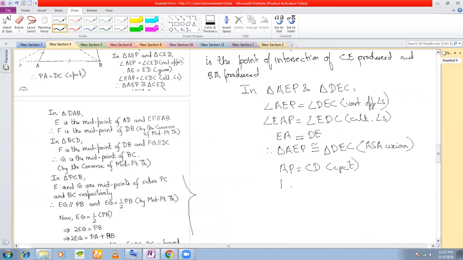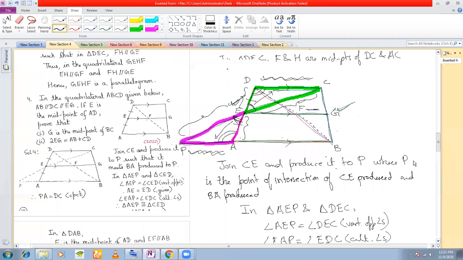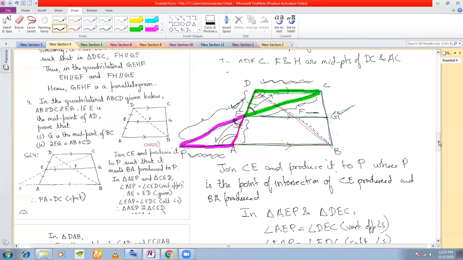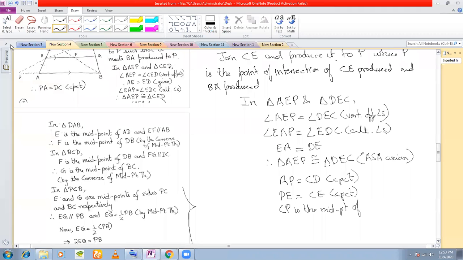PE is equal to CE. This is by CPCT. Now what does this mean? This means P is the midpoint of what? PC. Not P, sorry, E is the midpoint. E is the midpoint of PC.